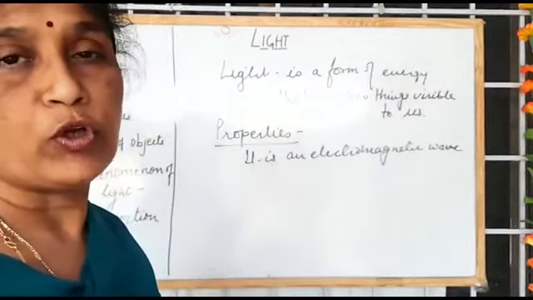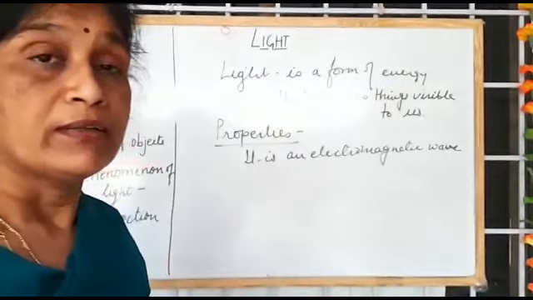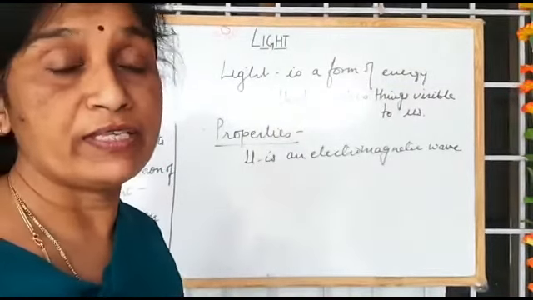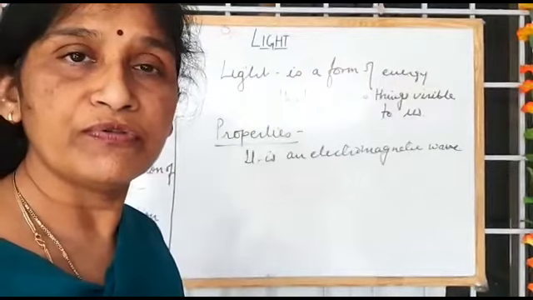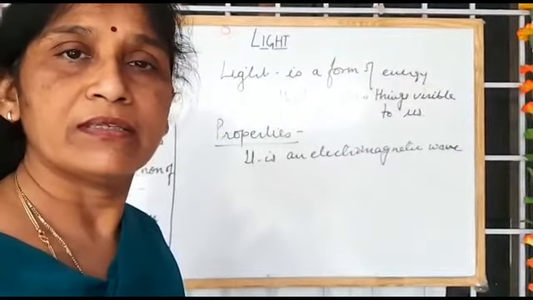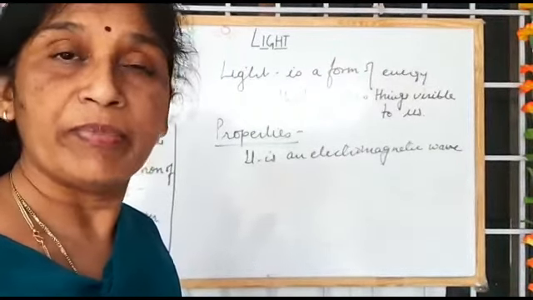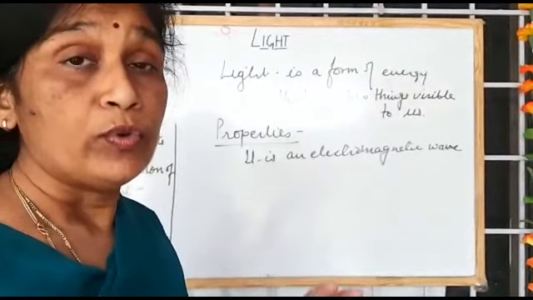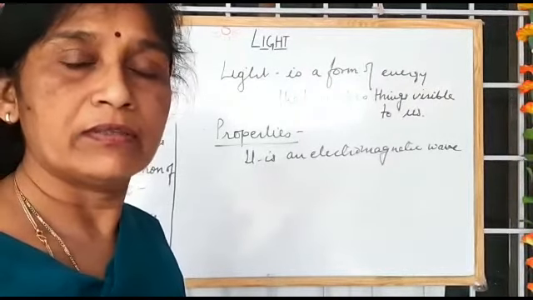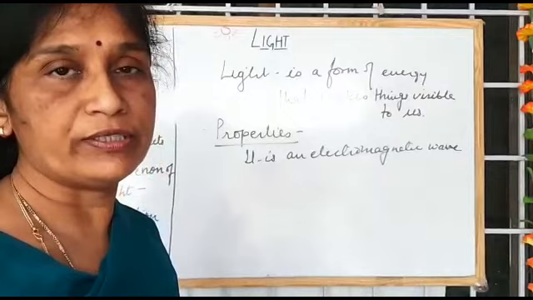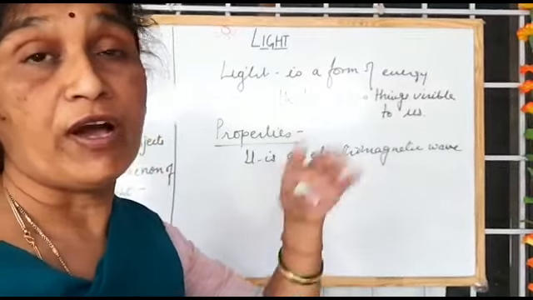A very common example is before you: on earth, if I ask which is the abundant source of energy, you will say it is the sun. The sun is the abundant source of light. Now, we are having the sun's light on earth, but it's very far away from us.